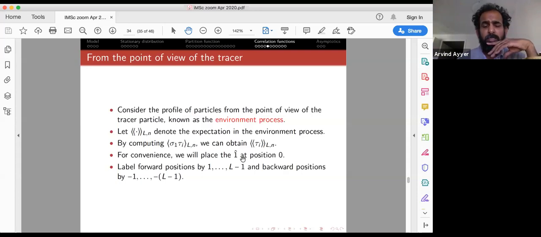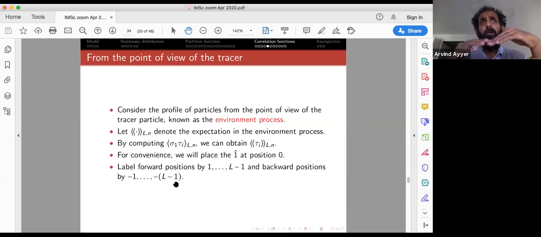So just to set, I'll shift my notation for convenience a little bit. I'll place the tracer at position 0, and I will look both forward and behind the tracer particle. So I label forward positions by 1 through L minus 1 and backward positions by -1 to -(L minus 1).